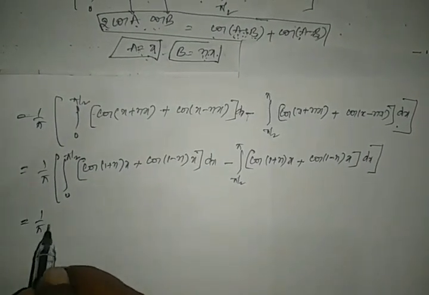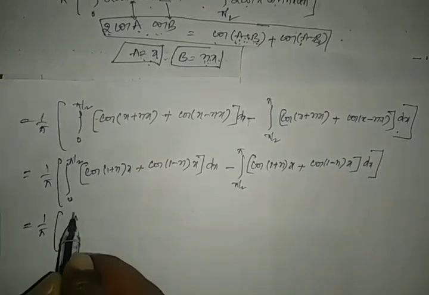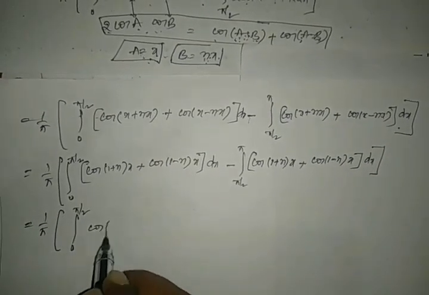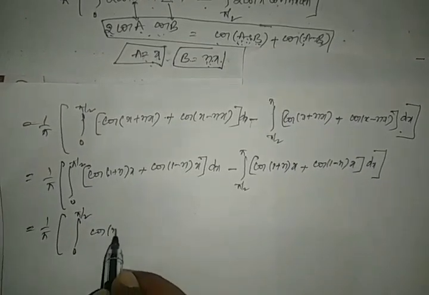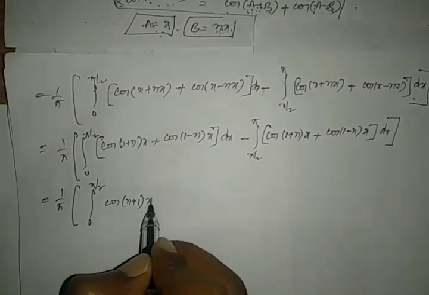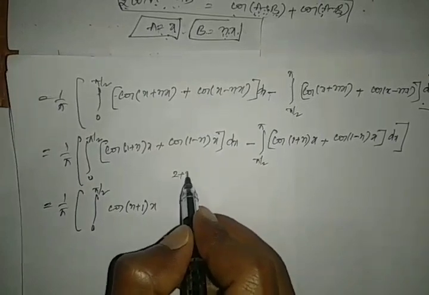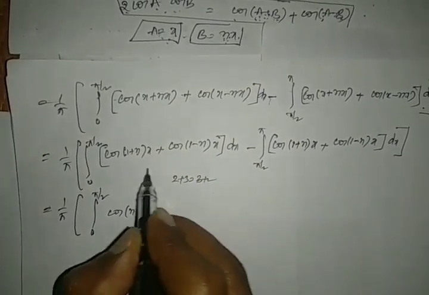That is equal to 1 by pi whole into integral 0 to pi by 2 cos of 1 plus n, we can write n plus 1 into x. See, 2 plus 3 is equal to 3 plus 2, like this.